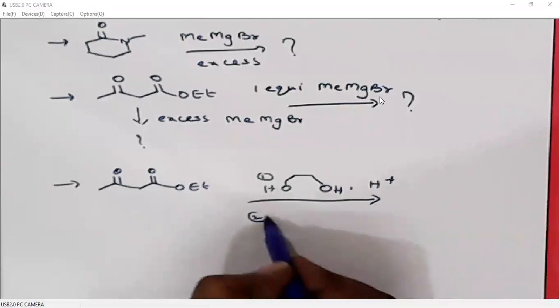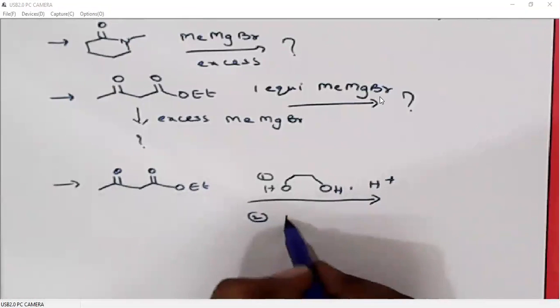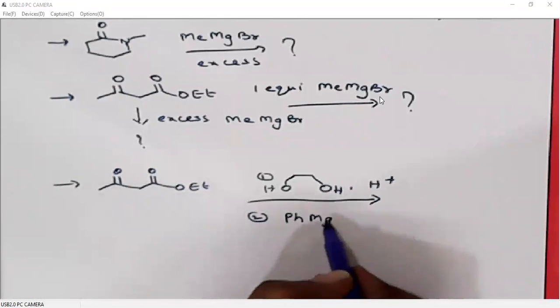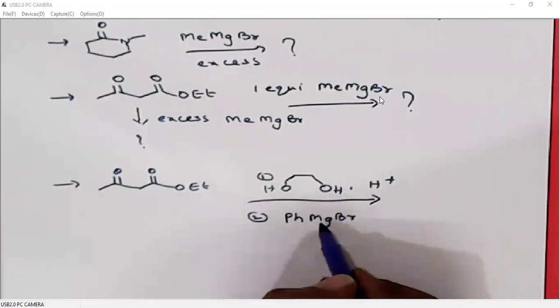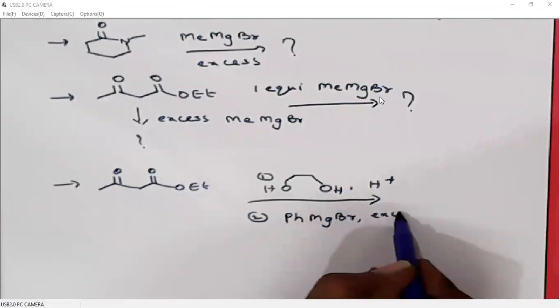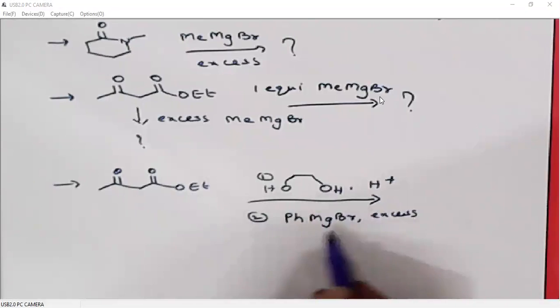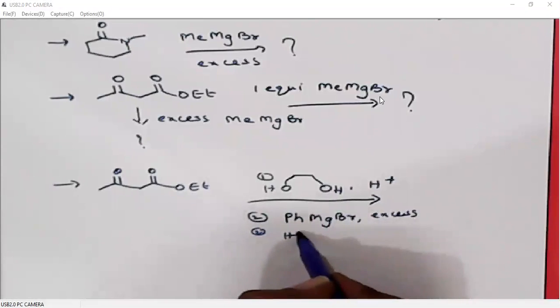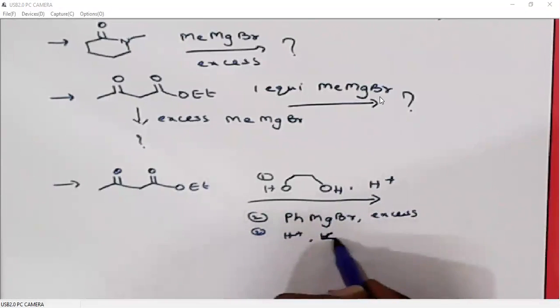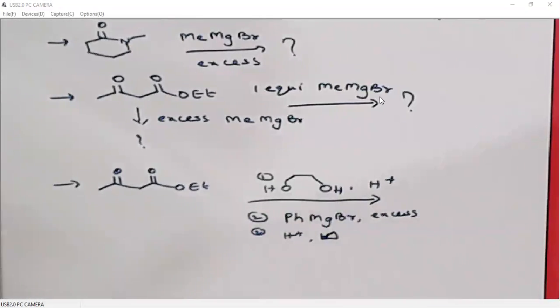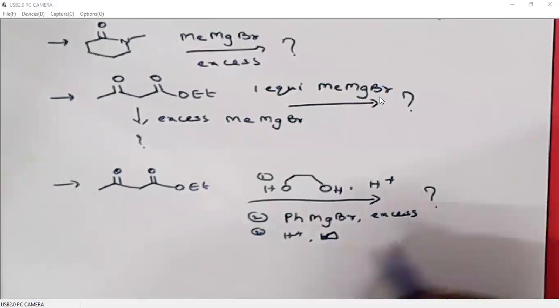So we are left with only the ester group. Then ester will react with the Grignard reagent, and finally when we do acidic hydrolysis, then what is the product?